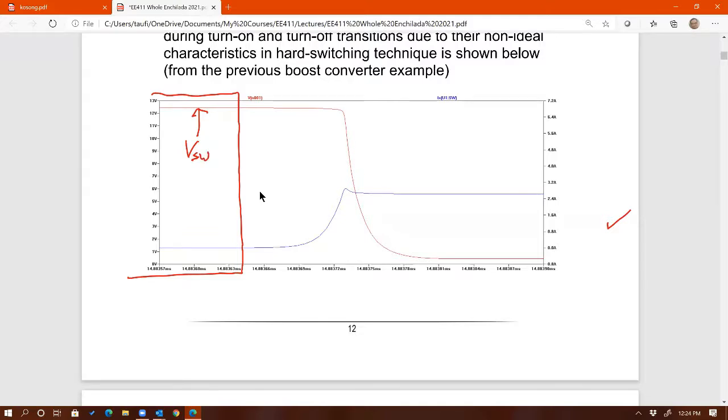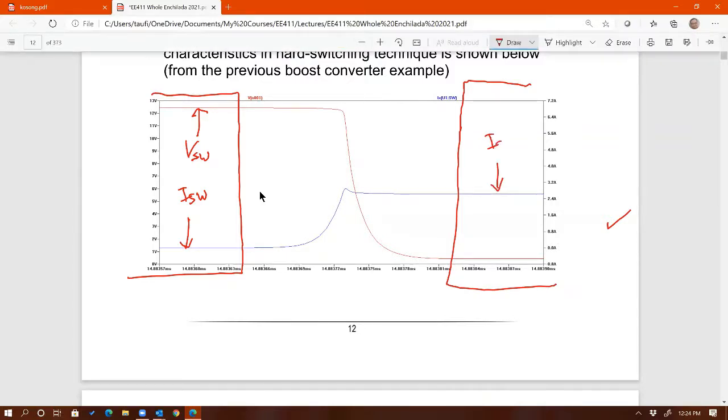That's a static condition, meaning it's constant, and current is also constant. And then toward the end, after the transition, you can see that the switch reaches a different static condition. So you have the new I switch prime, and then the new voltage across the switch prime.